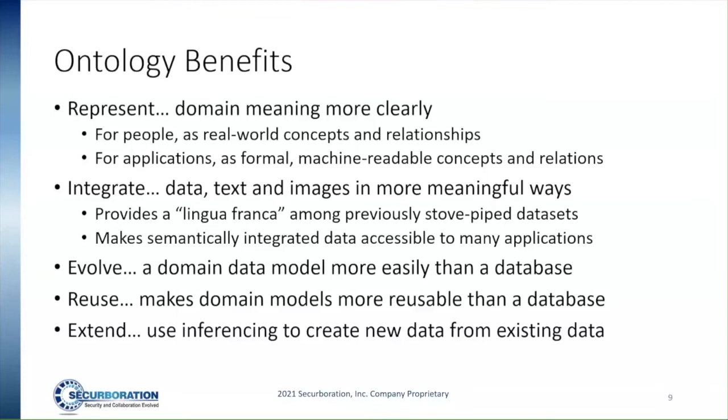The result is that configuration management and version control become very complex in database models. Now, this can also be a challenge for ontologies, but again, they're much easier to handle than conventional databases. It's also much easier for people to understand the nature of those changes in an ontology.